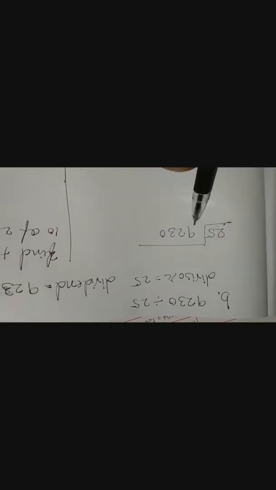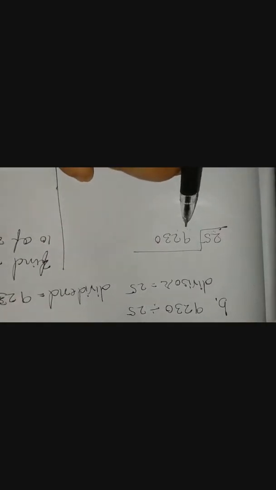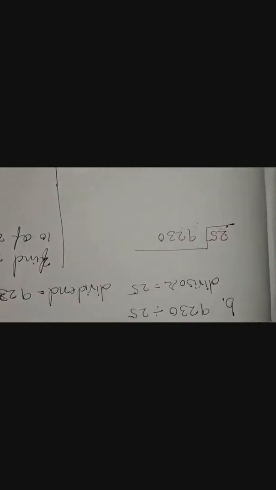So we'll take a 2-digit number first. Our starting number is 92. Let's start this sum.